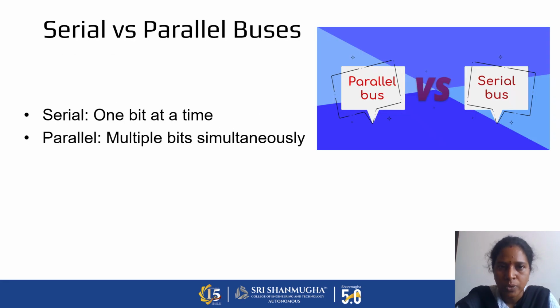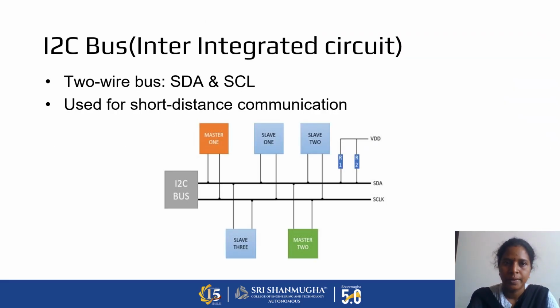Then we discuss serial versus parallel buses. A simple explanation: serial transmits one bit at a time, but a parallel bus transmits multiple bits simultaneously through the transmission medium. Then we move to the I squared C bus, that is, inter-integrated circuit. There are two wire buses here: one is the serial data and another is the serial clock.